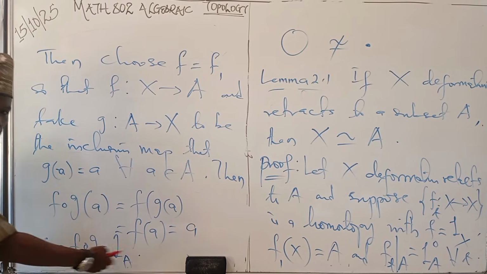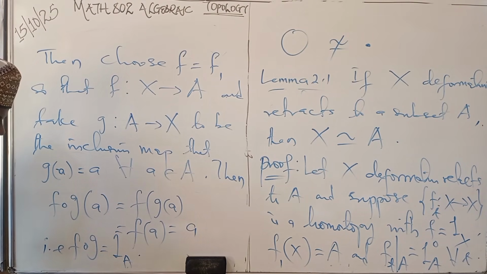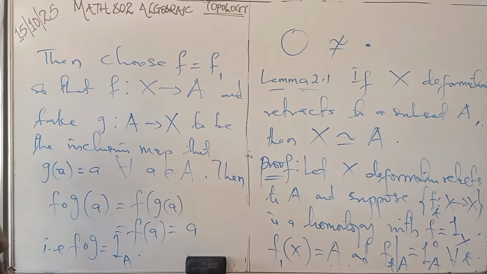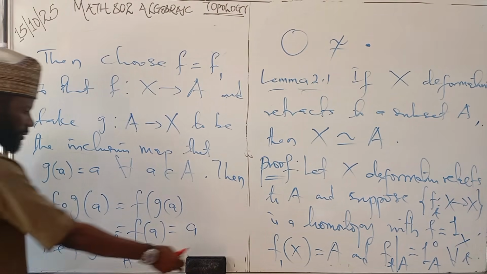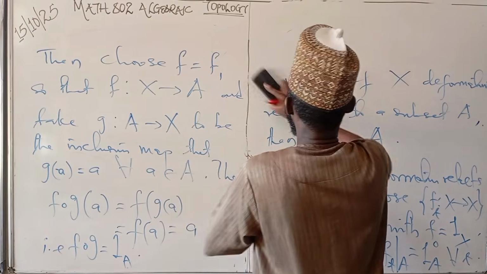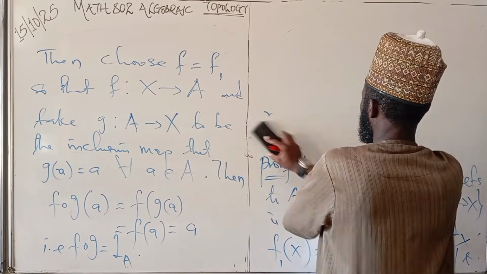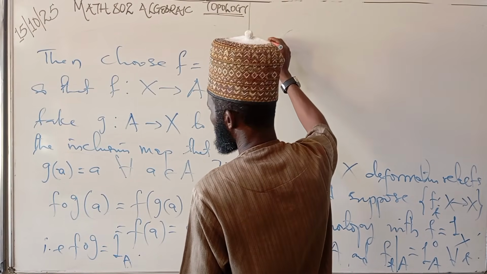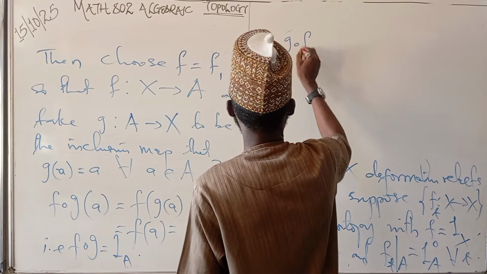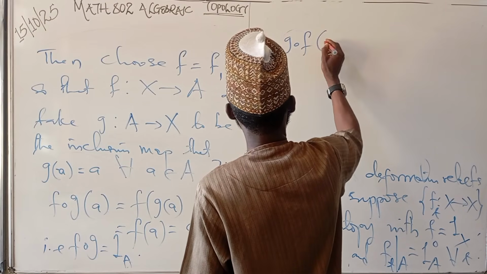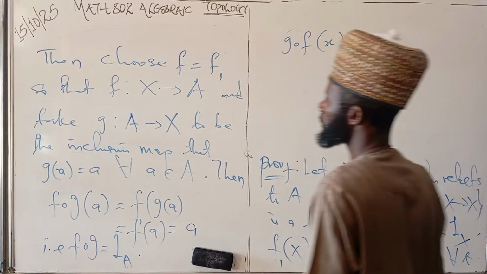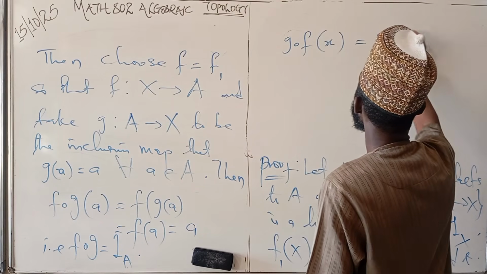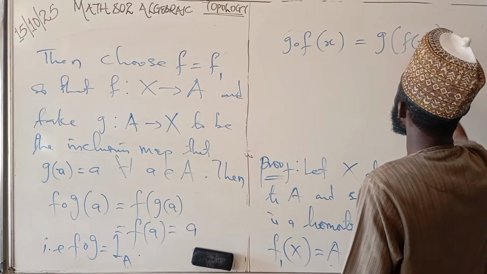So that is a ready-made function that is already homotopic to the identity. So then we now take the other one. What happens to g after f? If you take any element x in X, that would be g of f of x.